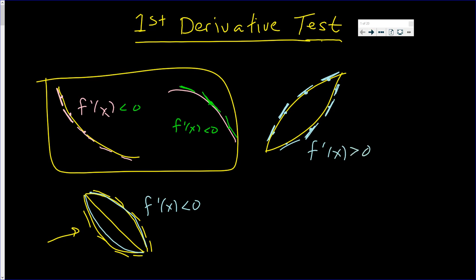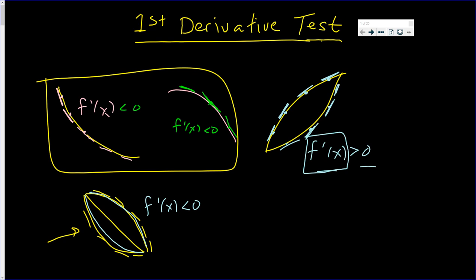When the first derivative is negative, it tells you the slopes are negative. When the first derivative is positive, it tells you the slopes are positive. Why? Because the derivative tells you the slope.